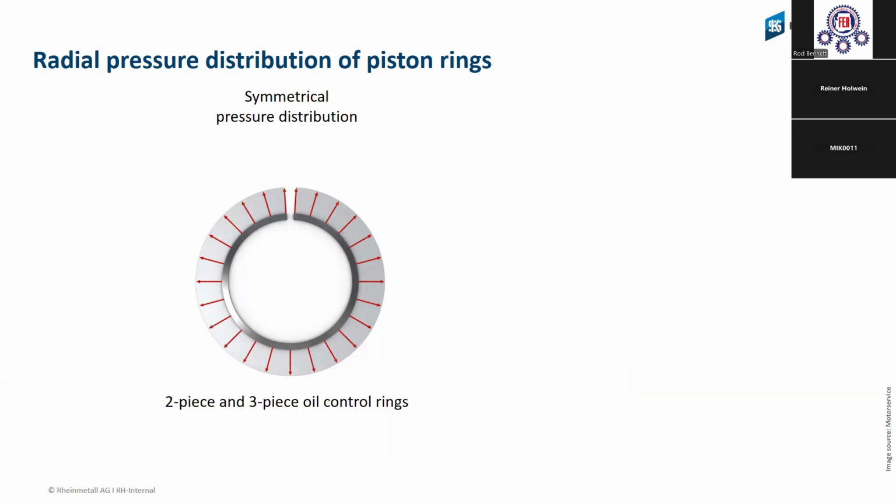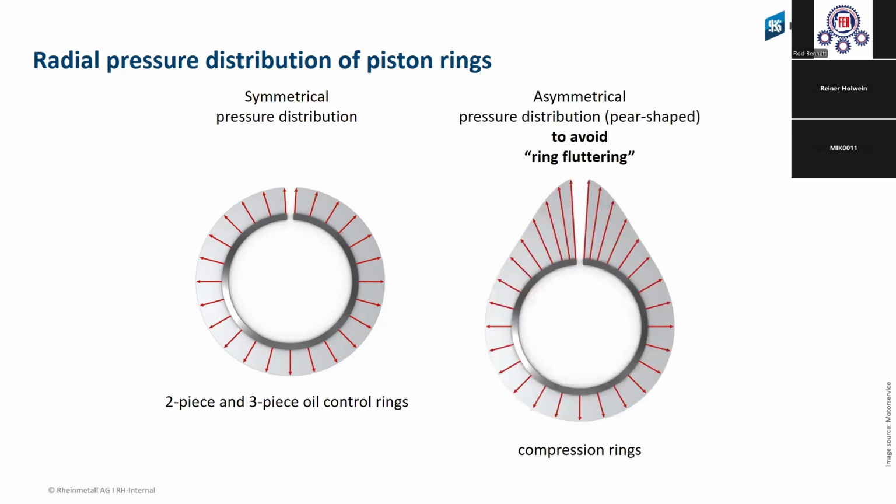Here you see also the radial pressure of a piston ring from a two-piece or three-piece oil ring, and you see the tension is round on the ring and the same at every place. But when we look at the compression ring, the first and second ring, you see the pressure on the open side of the piston ring is higher.